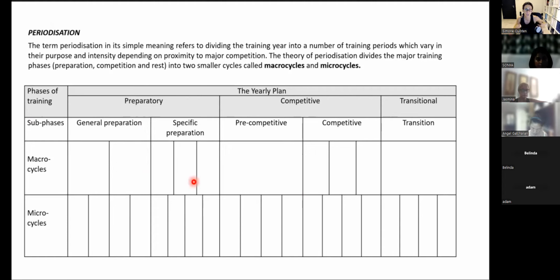It depends on the competition or when your client starts training and how much time you have. So if you have only 6 months, there's no point to do a yearly plan, because you don't have 12 months, you know what I mean? So this is just how it looks.